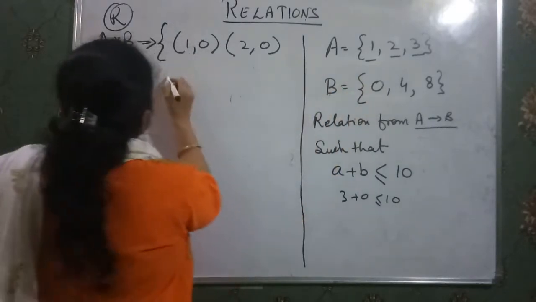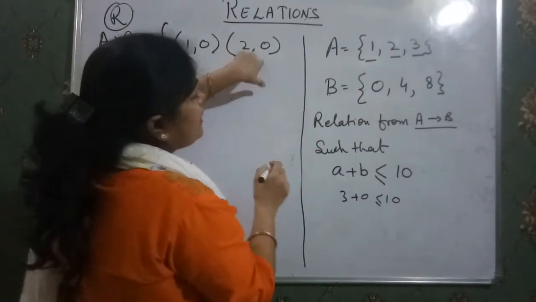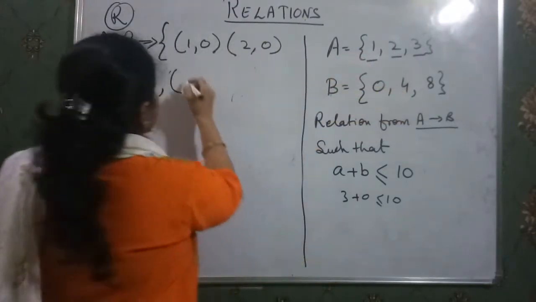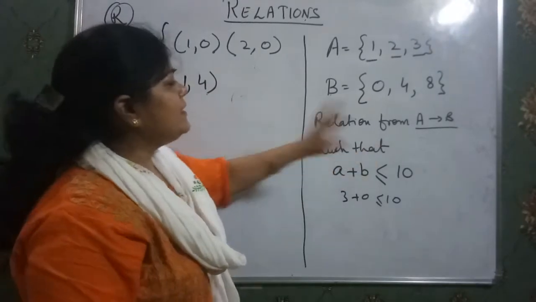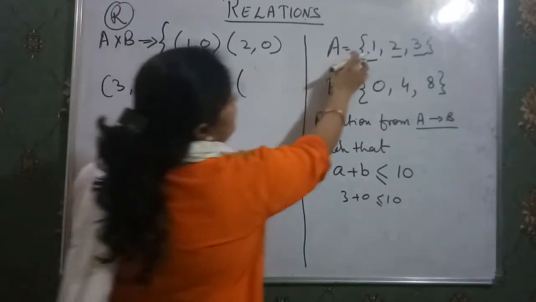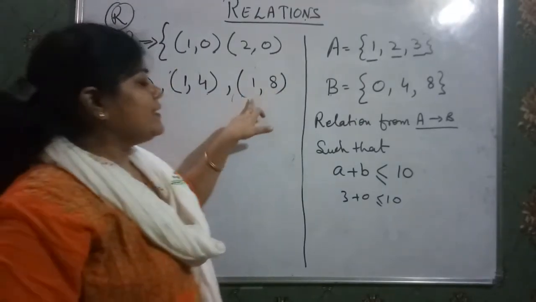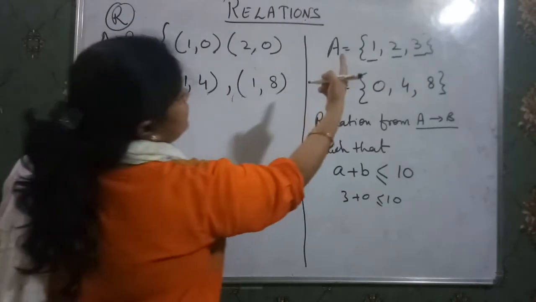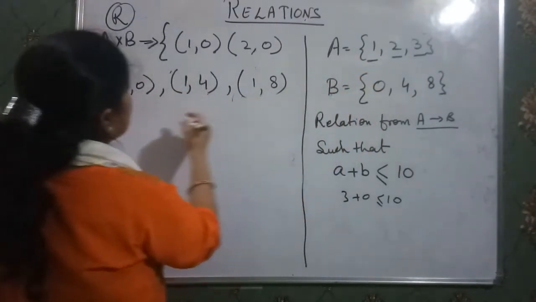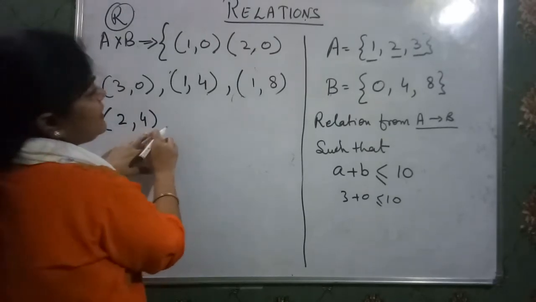Then 1 comma 4, the sum is 5, which is less than 10. Then 1 comma 8, when we add both of them we get 9, which is less than 10. Then 2 comma 4, this is 6, which is less than 10.